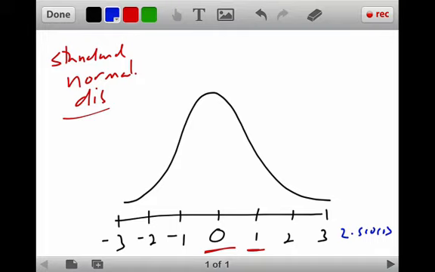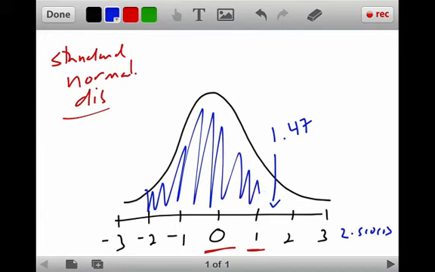Let's say we're looking at someone's score, and this person's score is a 1.47 z-score. And we want to know the area under the curve, the proportion of people that did worse than this person, that scored lower than a 1.47 z-score.